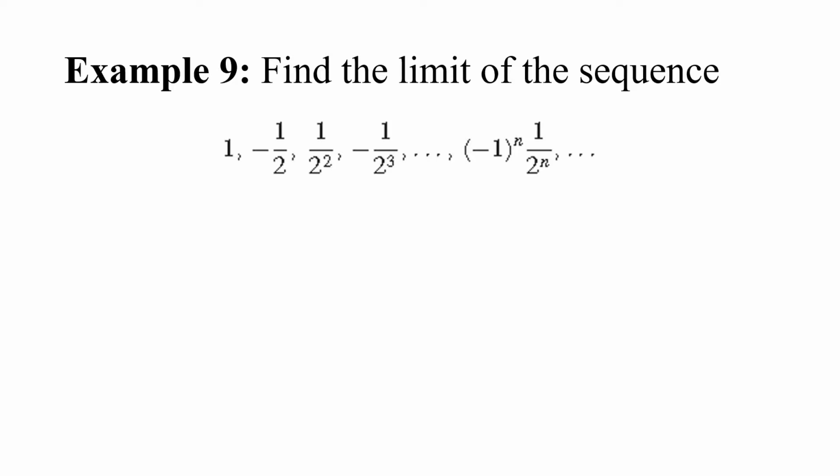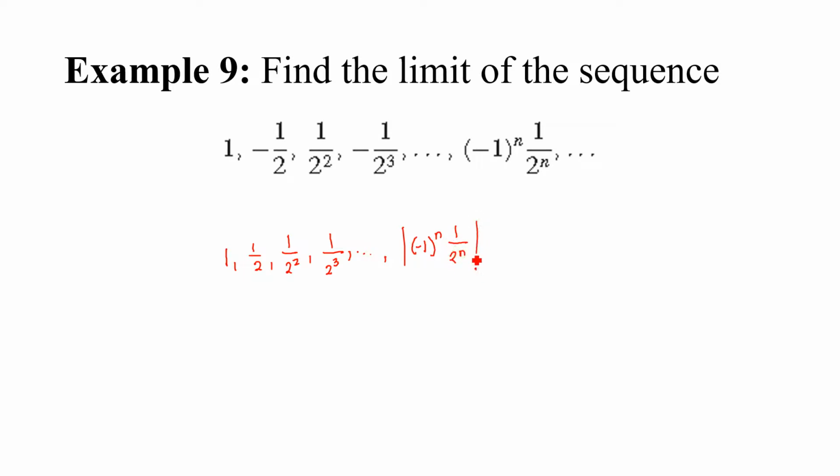So here, if we take the absolute value of each term for our solution, we could have 1, 1 half, 1 over 2 squared, 1 over 2 cubed, and so on. That is the absolute value of negative 1 raised to n times 1 over 2 raised to n.